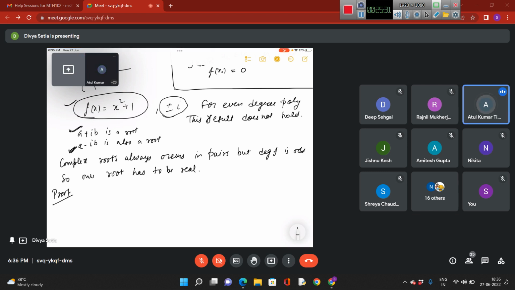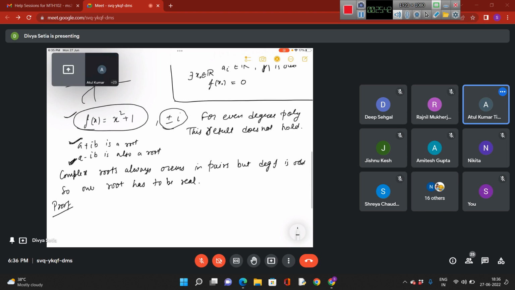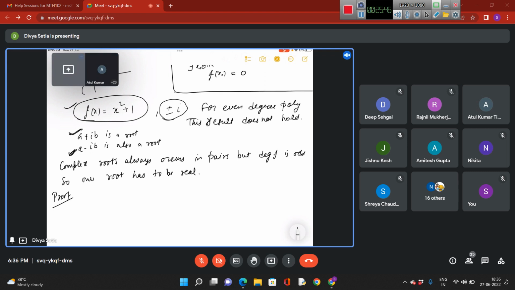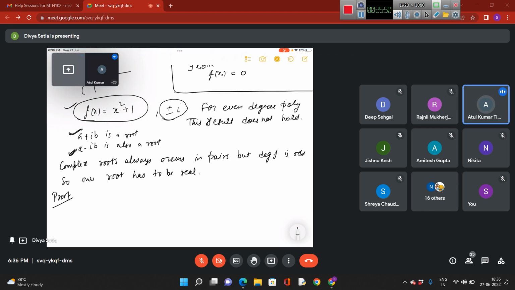Can we use the idea of the previous sum here, where f of a times f of b is less than 0? Yes, we will have to find some numbers such that f of a is greater than 0 and f of b is less than 0.